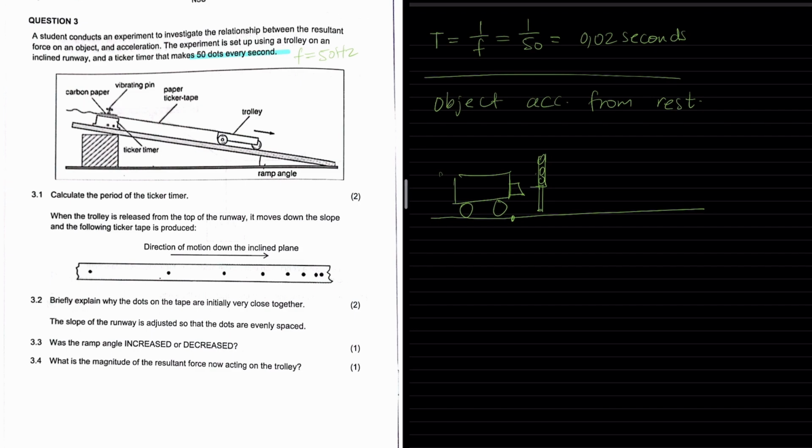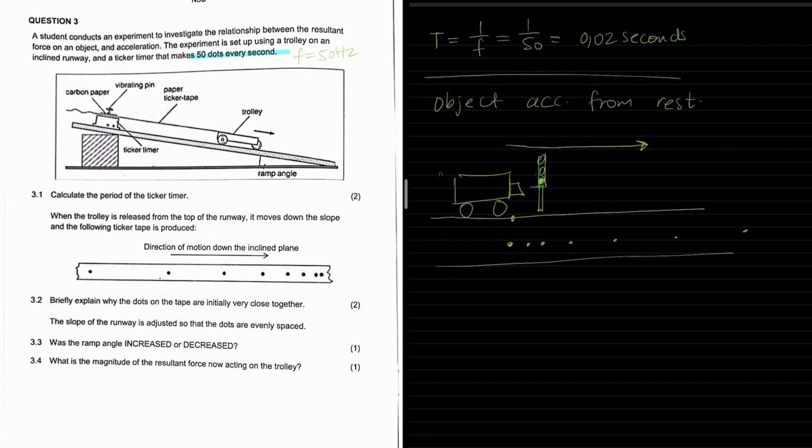Now when the traffic light turns green, the truck is then going to accelerate that way. You'll notice that if you look at the dots on the ground, the dots are initially going to be close together because it's not moving that fast. But as it accelerates, the dots are going to go further and further apart. So to answer the question again, why are the dots close together? The dots are close together because the object is accelerating from rest.